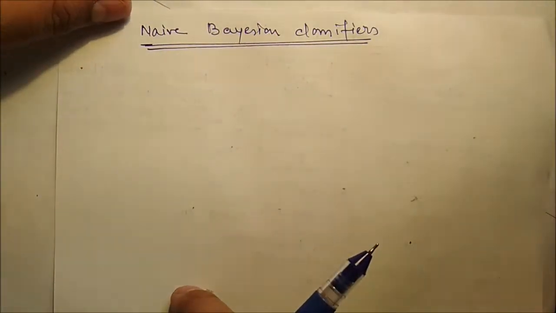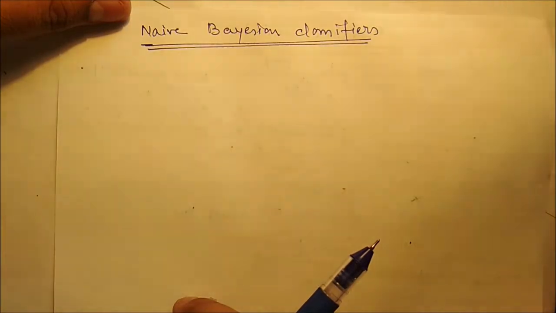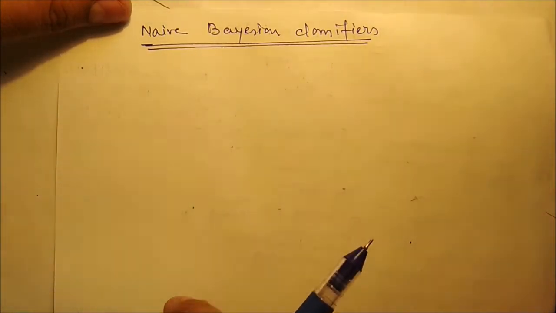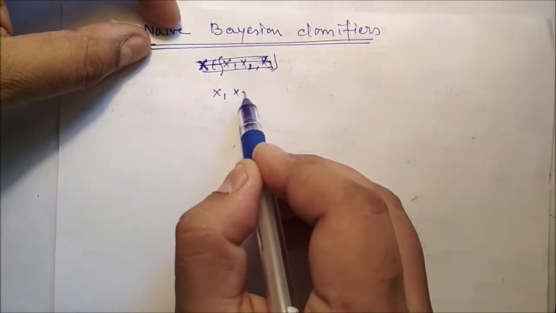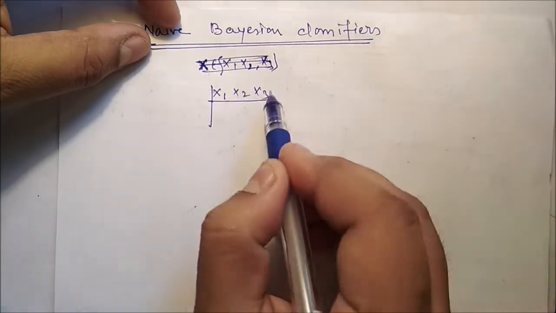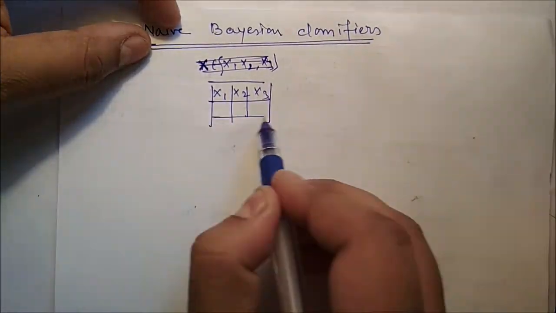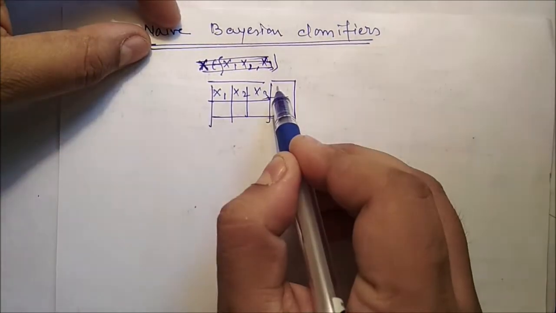In Bayesian classifiers, we assume that the effect of an attribute value on a given class is independent of the values of the other attributes. Hence it is called class conditional independence. Three attributes are there, x1, x2 and x3, and the class y is there.